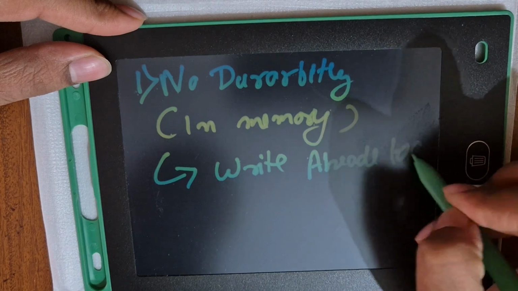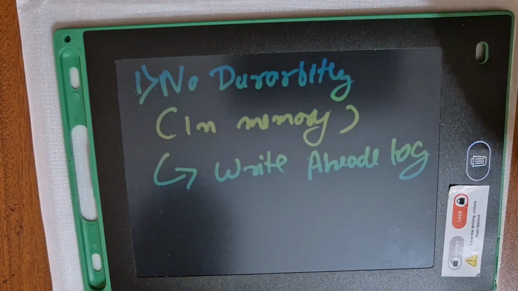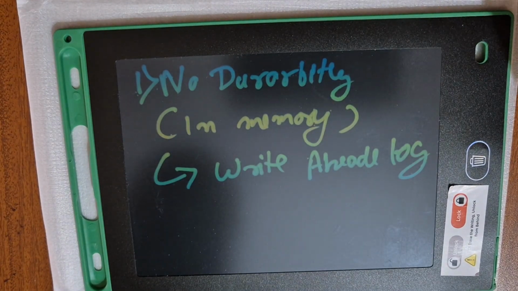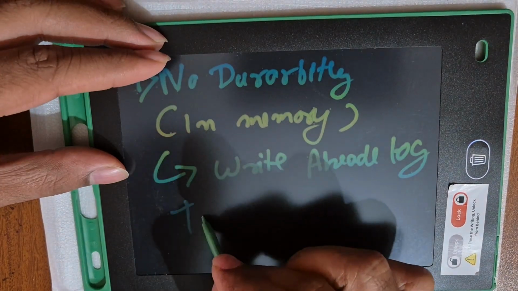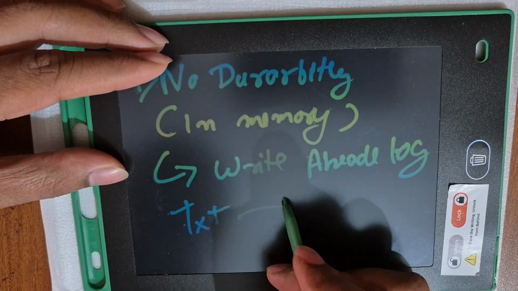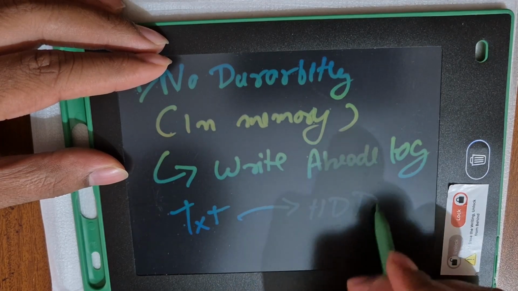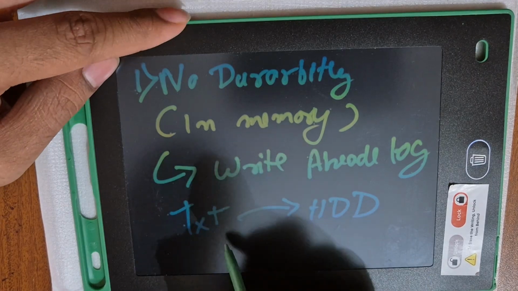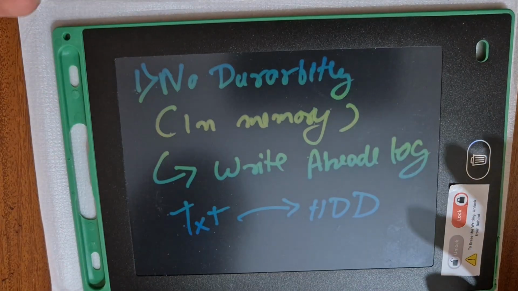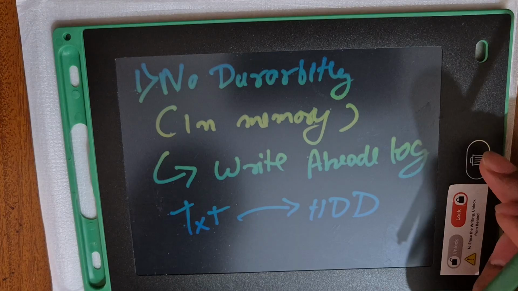What is this write ahead log? When we are going to make any changes inside our LSM tree, we create a log that can be in a text file or any file which is kept in the hard disk. So even if the power goes down, we can refer to this write ahead log and create the tree again. Okay, so that is the first thing.